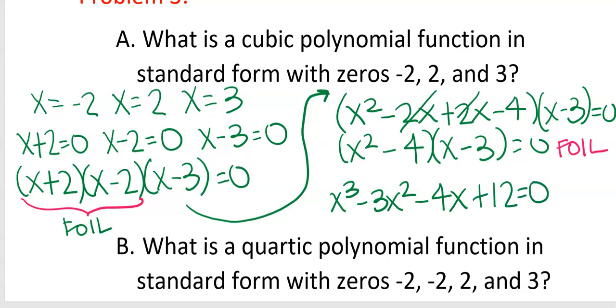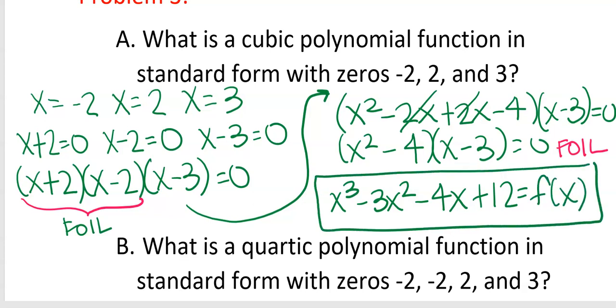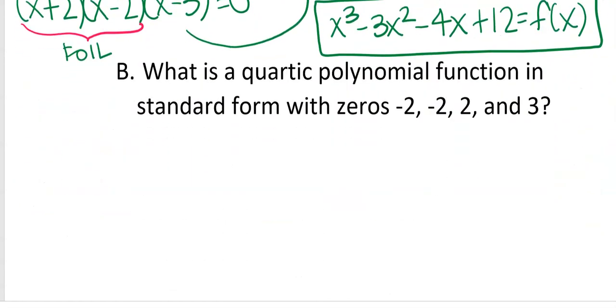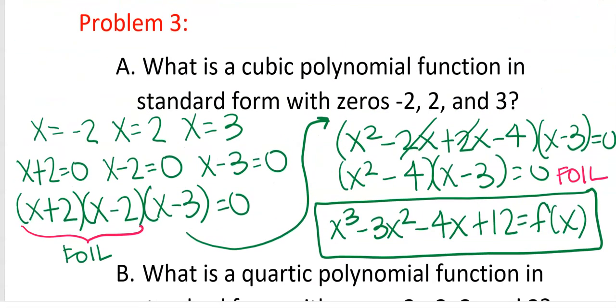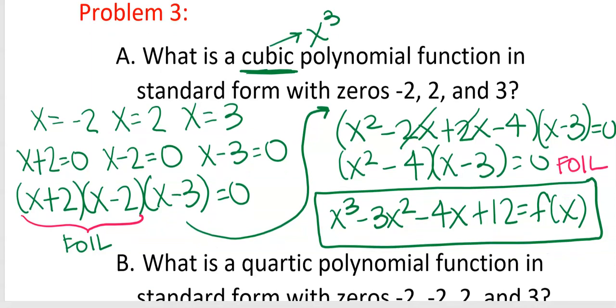And that is your function. So instead of putting it equal to 0, I'm going to put it equal to f of x. So if we turned around and factored this thing out, which you guys don't really know how to do yet, we would get -2, 2, and 3. Also, this one was a cubic polynomial, so your highest exponent should have been an x cubed, which it is.